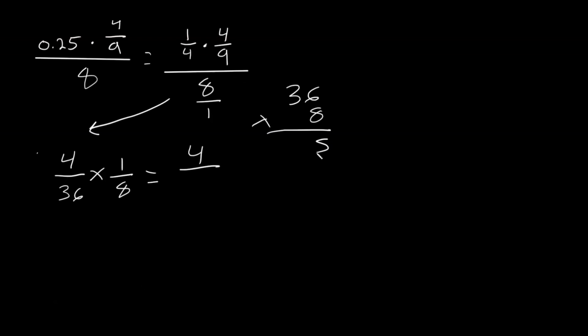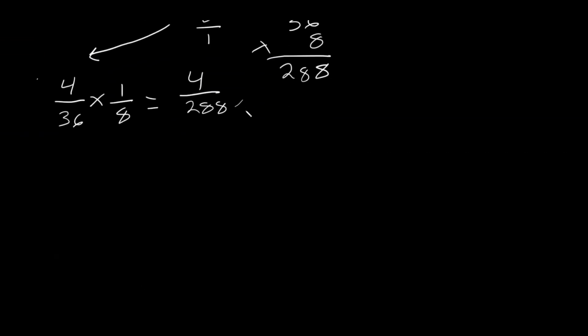And that is 48. Carry this 4. And then 3 times 8 is 24, plus this 4 is 28. So 288. And then both of these look like they're divisible by 4. So this will be 1 over, and then we can divide 288 by 4. So 4 goes into 28 7 times.